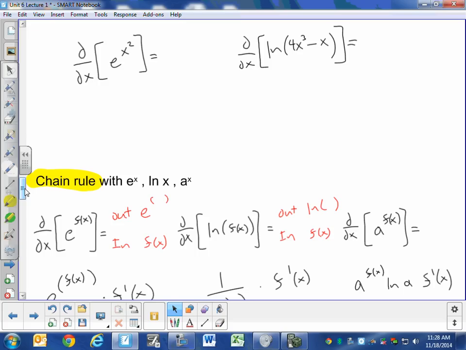Just the derivative of the outside, leave the inside, times the derivative of the inside. What'd you get, Mr. Wenzel, for the first one? Piece of cake. Chain rule. Derivative of the outside times the derivative of the inside. Do the second one.